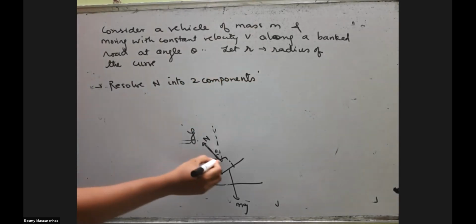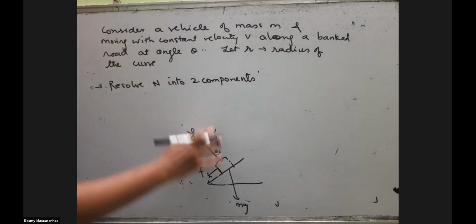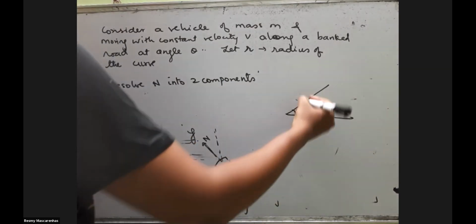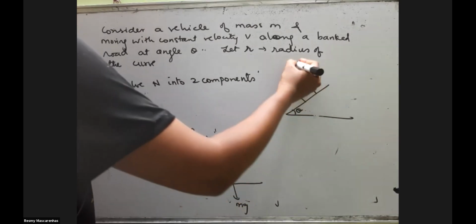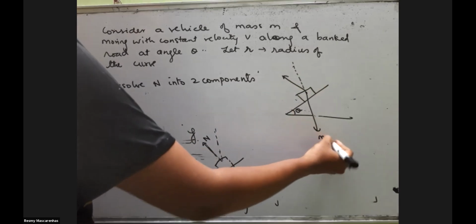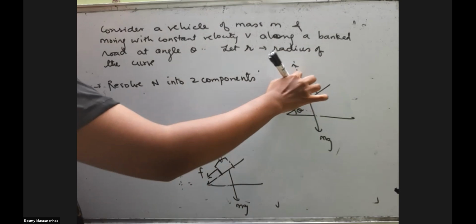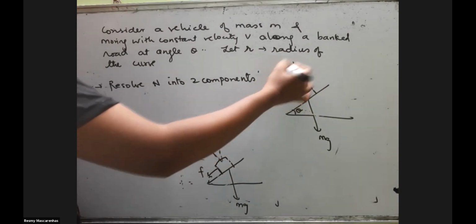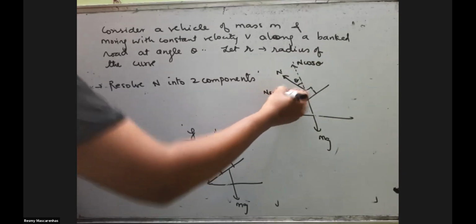So obviously it will have vertical as well as horizontal component. In the next diagram you draw, okay? Yeah, one more time we'll draw. So this will be like this. So obviously with reference to this is anyways your mg. So this is your theta. So this is your vertical component of N, and this is your horizontal component. So this will be N cos theta. This would be N sin theta.